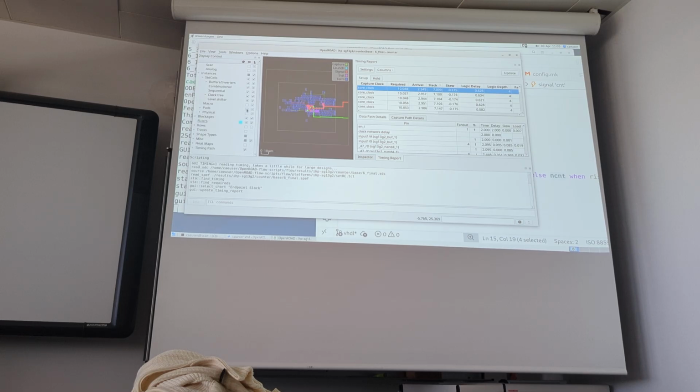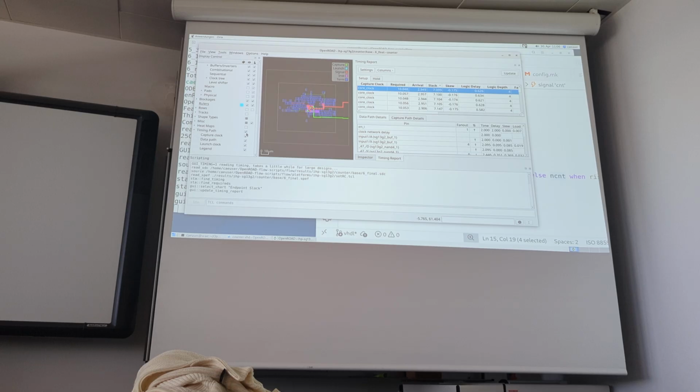I switched off the physical cells and also the cells which are there just to connect all the power lines, but they have no function, so I switched them off. Pads, there are no pads. Macros, there are no macros. So I have this view where only the placed cells are there, and then you have this timing path here.